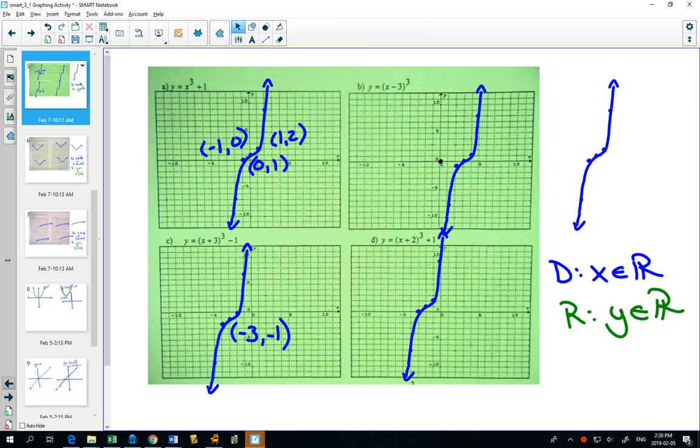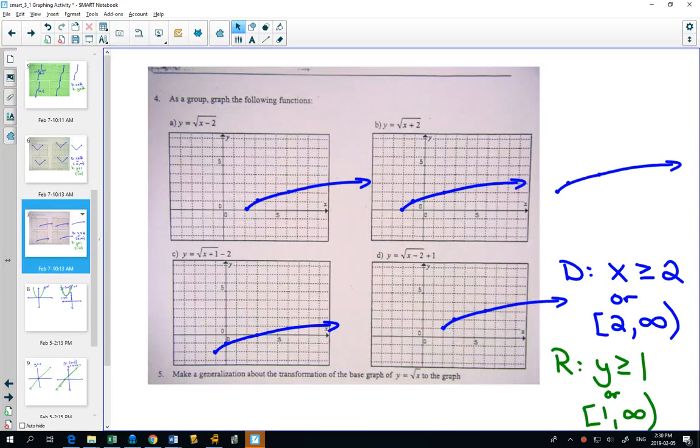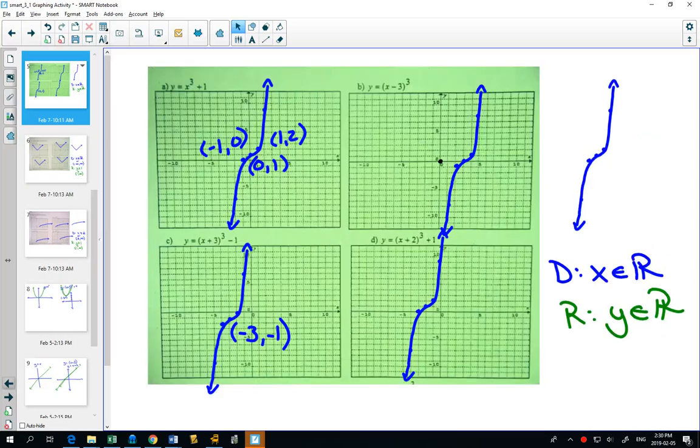So the range is everything. I picked all boring graphs.